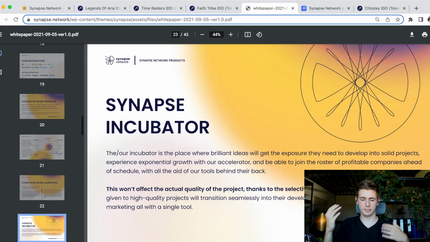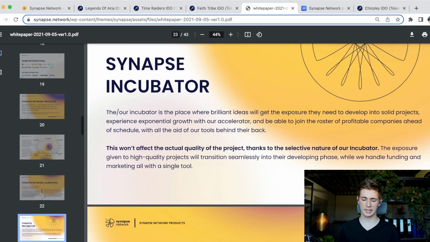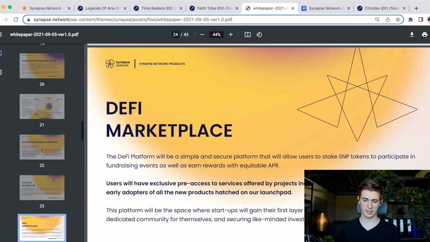If you already have the tools to make a Launchpad, you also have the tools most of the times to make an incubator, and it helps secure a higher chance of projects doing well, and it increases the amount of projects that you are going to be able to launch on your platform. So the fact that there's still so many launchpads that don't do incubation is quite weird. So it's good to see that the Synapse Network is doing that, apart from just our Launchpad.